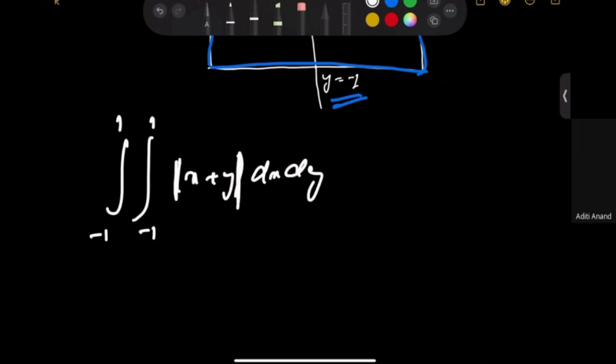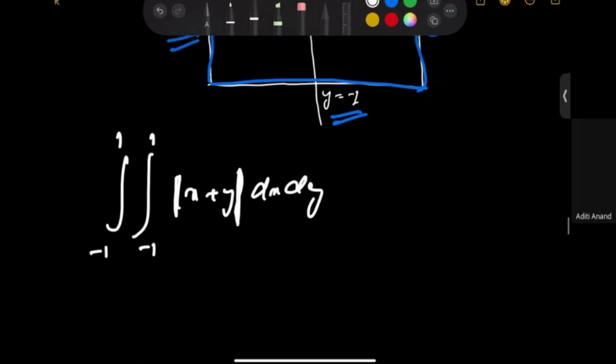Actually, I saw absolute value, so it came to my mind. Yes. So the basic idea is to take care of this absolute value, right? You are asked to integrate a certain function, and the function has absolute value. So we can't integrate it directly unless we take care of the limits, correct?